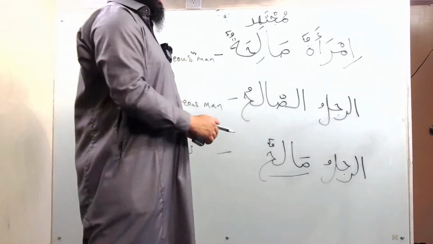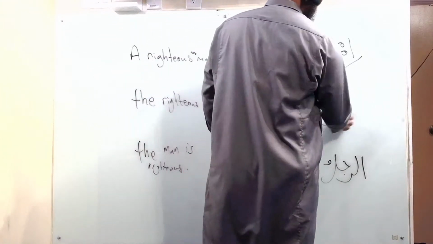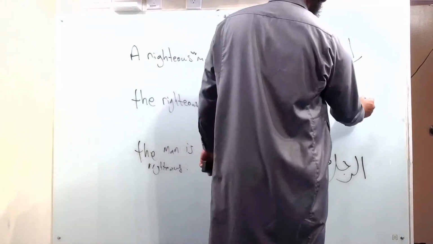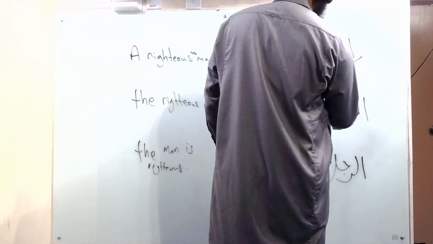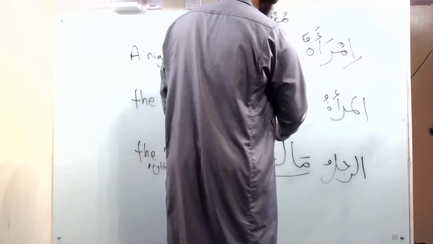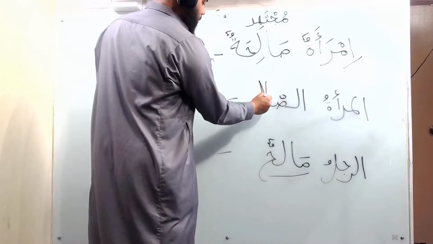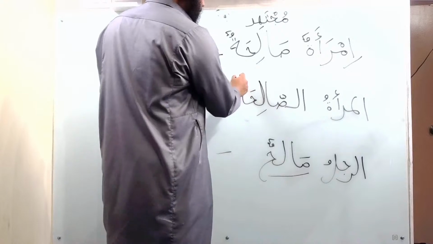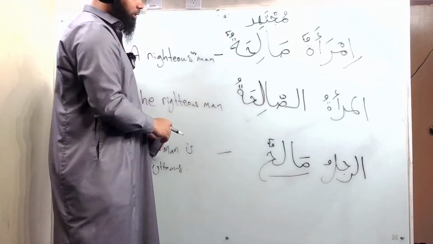And when you add alif and lam to this word, you don't really use al-imra'atu. Al-mar'atu as-salihatu. The righteous woman.